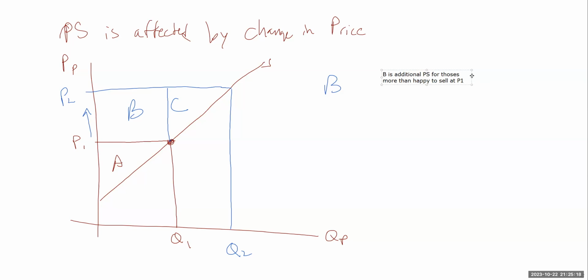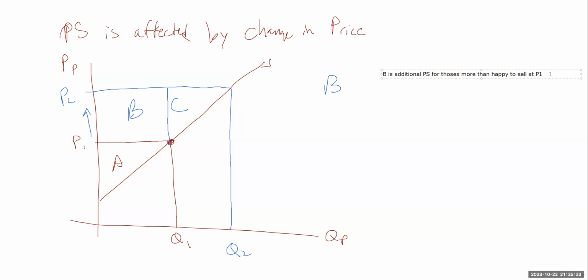They're more than happy to sell pizza at P1. Price went up for some reason, and they got a surprise amount of producer surplus, like profit, because they're able to sell at P2 instead of P1.